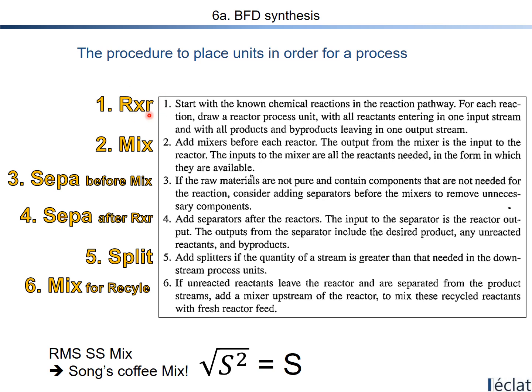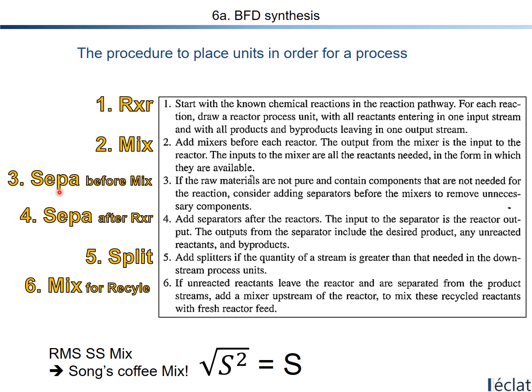So draw a reactor, and then place a mixer before the reactor. Your reactor probably has multiple streams of inputs, because you have multiple raw materials for a reaction. So it is better to mix all together just before the reactor. Then only one stream is introduced into the reactor.